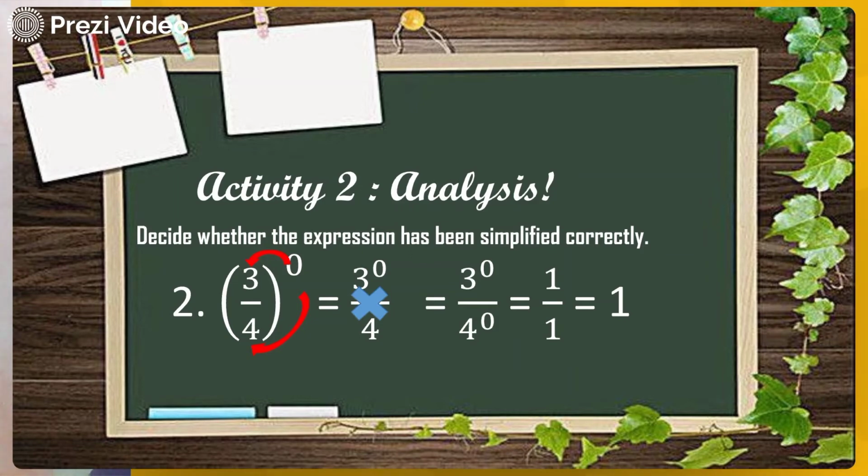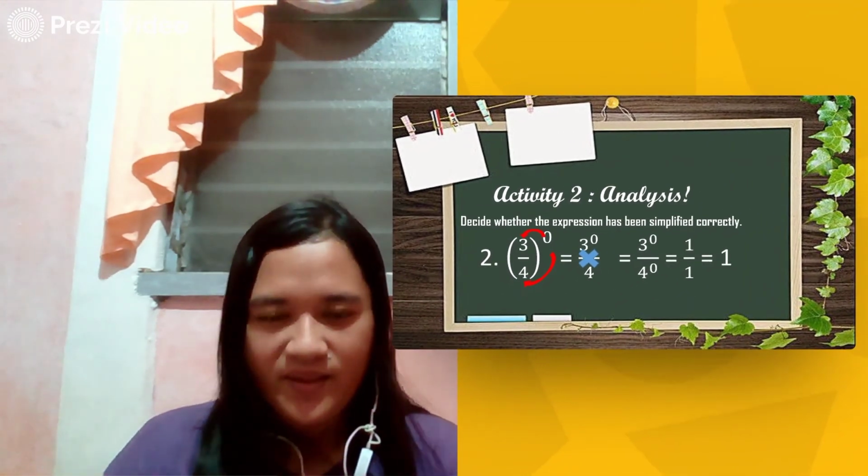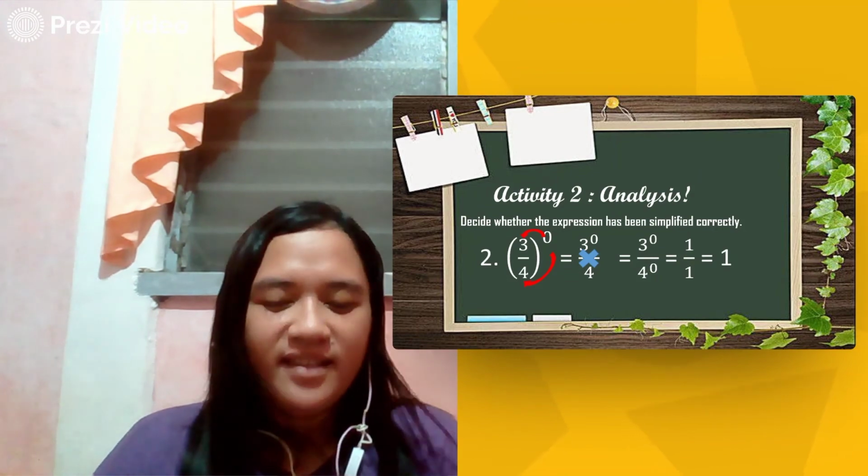So that's why any number raised to 0 equals to 1, except if the base is 0, which is undefined. So 1 over 1 is equals to 1. Very good.